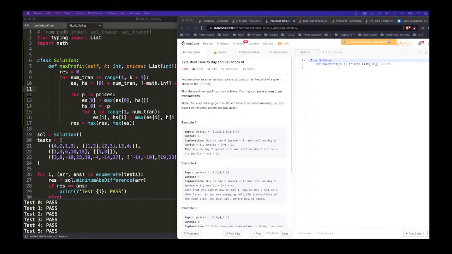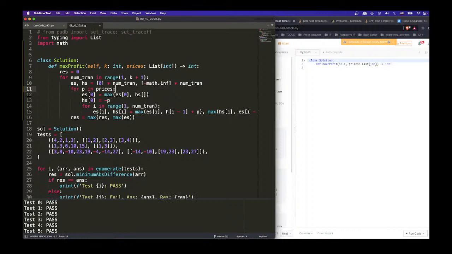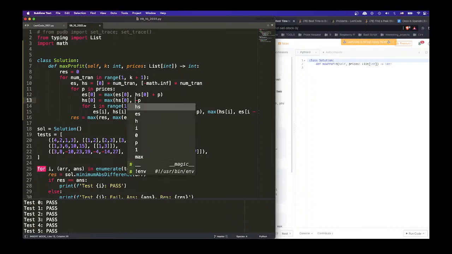And then, as we go, this is fine. We say 0 every time for the first state. This is going to be 0 plus P. And this is always going to be the maximum of HS0, which is just do nothing to arrive here.